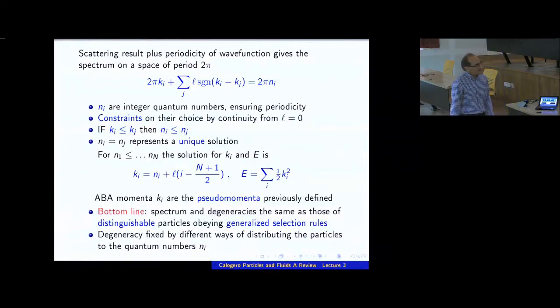So the degeneracy of these states is fixed by how many ways you can permute your distinguishable particles in that state. If you don't have fully distinguishable particles, but you have particles with internal degrees of freedom, the degeneracies will still be determined by in how many ways you can distribute these internal degrees of freedom among the states fixed by the quantum numbers n_i.